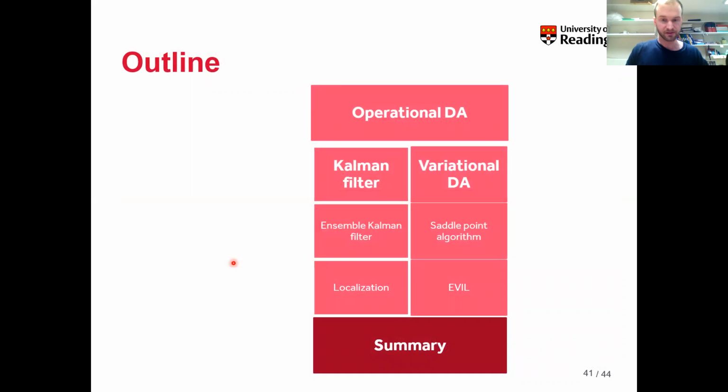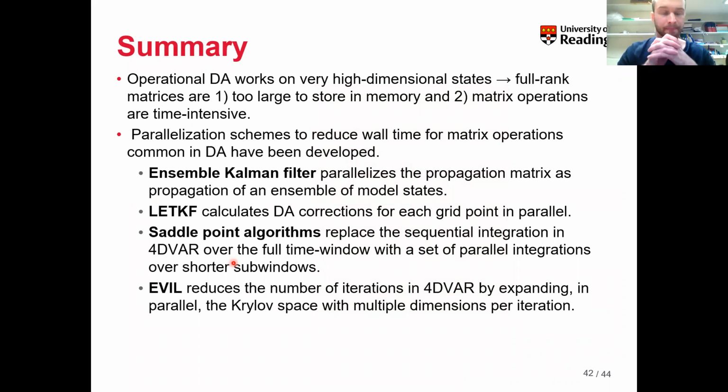Which brings me to the summary. Data assimilation in operational forecasting models is difficult because the model state in these operational models is so large that you can't store any matrices that work on the model state explicitly in memory, and the application of matrices to vectors of that size is computationally and time intensive.